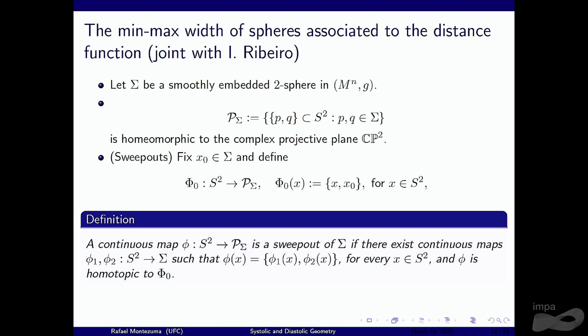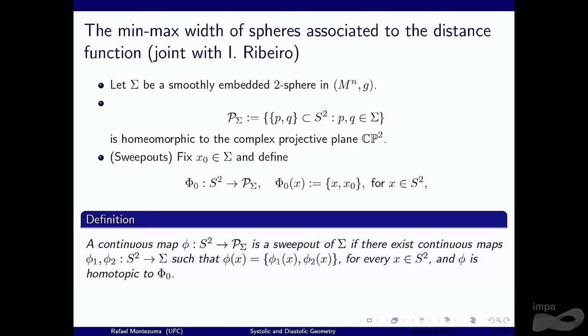It's homeomorphic to CP2, and in order to define the sweep-outs that we consider, we construct the following map, which is going to be our standard sweep-out. It associates to each point in the sphere the pair made of this point and a fixed point: we fix x0 in sigma, and for any other point x in the sphere you take the pair made of x0 and the image of x via this embedding of S2 into sigma.